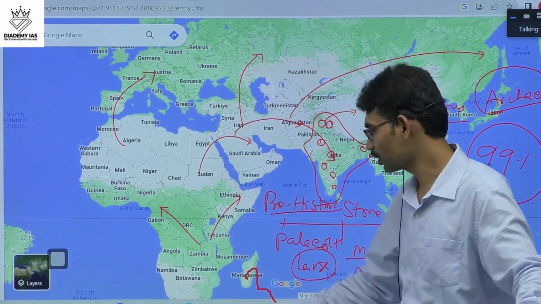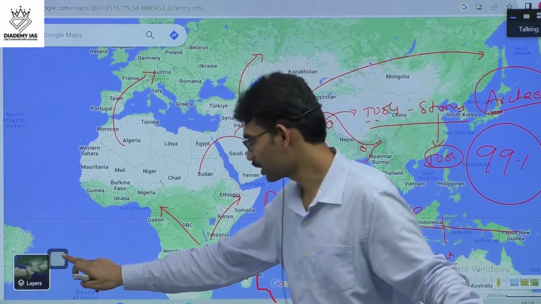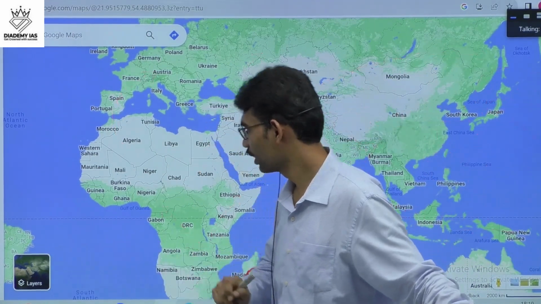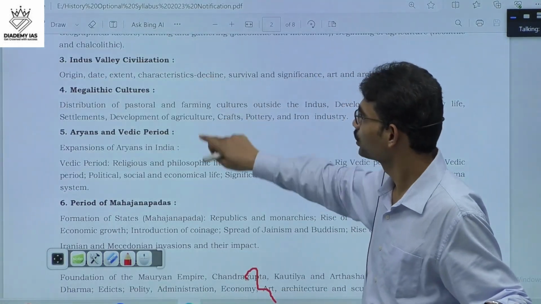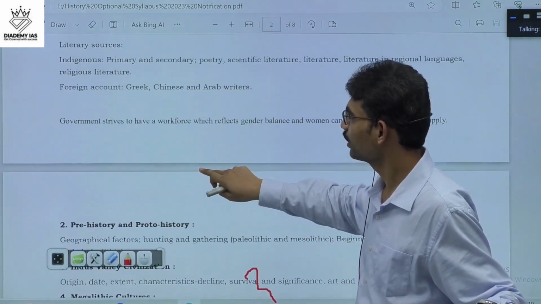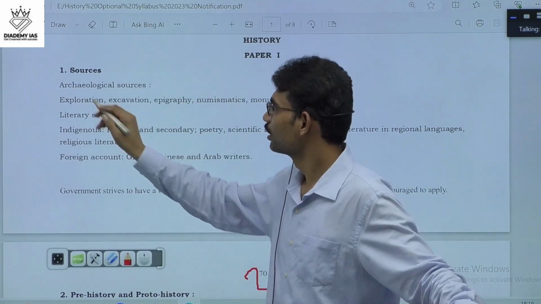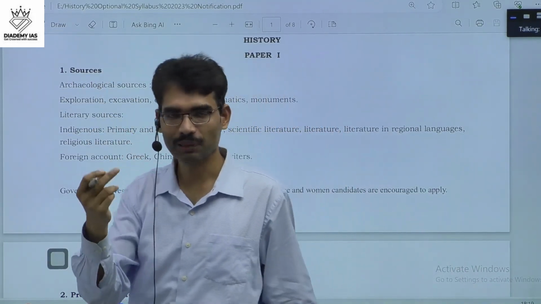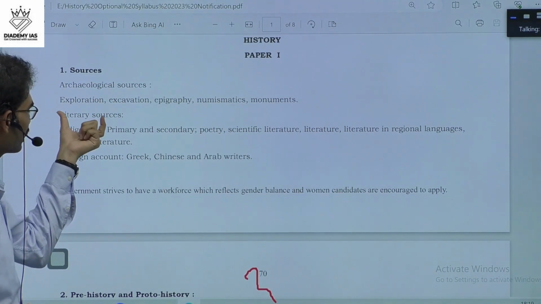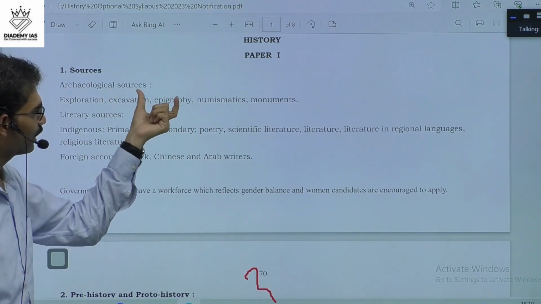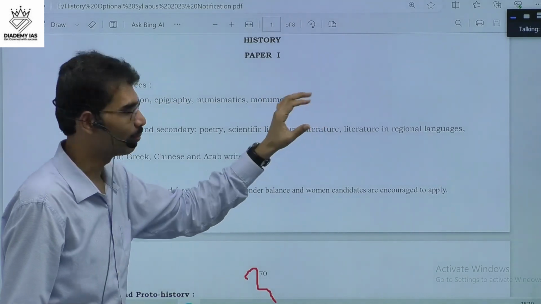Now, if we talk about our syllabus, our first chapter, you can see, the first chapter of our source is sources: archaeological sources, exploration, excavation, and epigraphy, numismatic monuments.